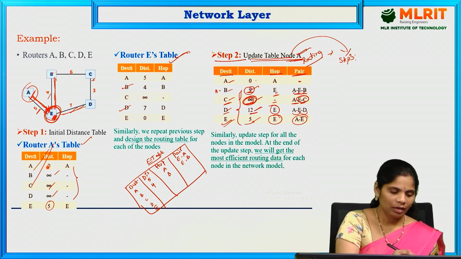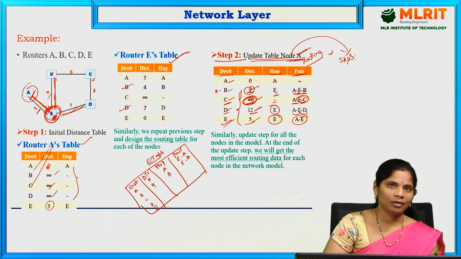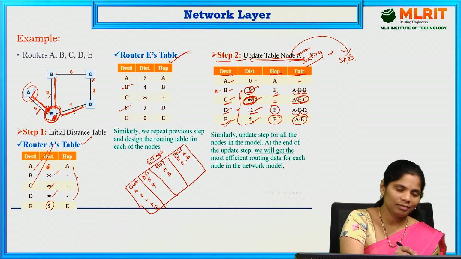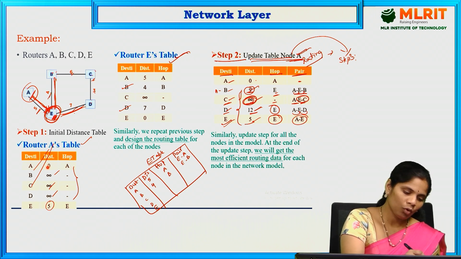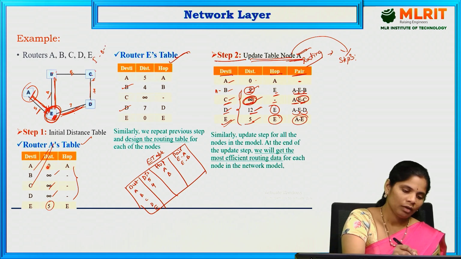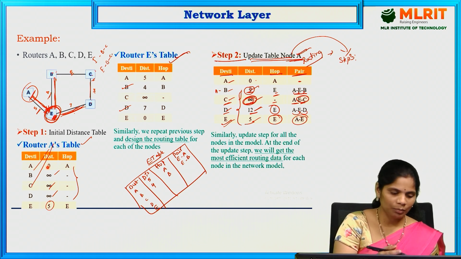So in that particular case we find the distance for C. See, E to C, if you go by this route, 7 plus 3 is 10. Here also 4 plus 6 is also 10. If both routes have the same cost, then we can choose any one of these two. Either you can go E to B, B to C, or you can go E to D, D to C. Here I am going to take any one.